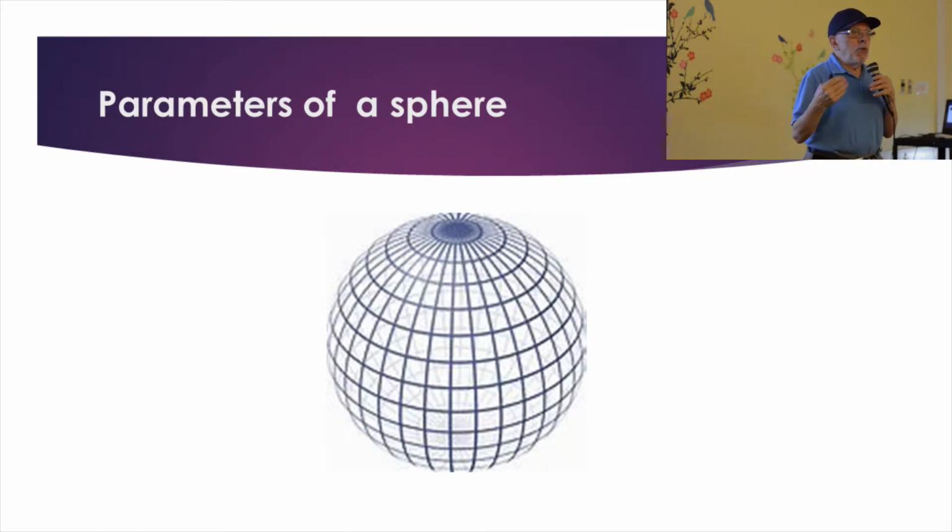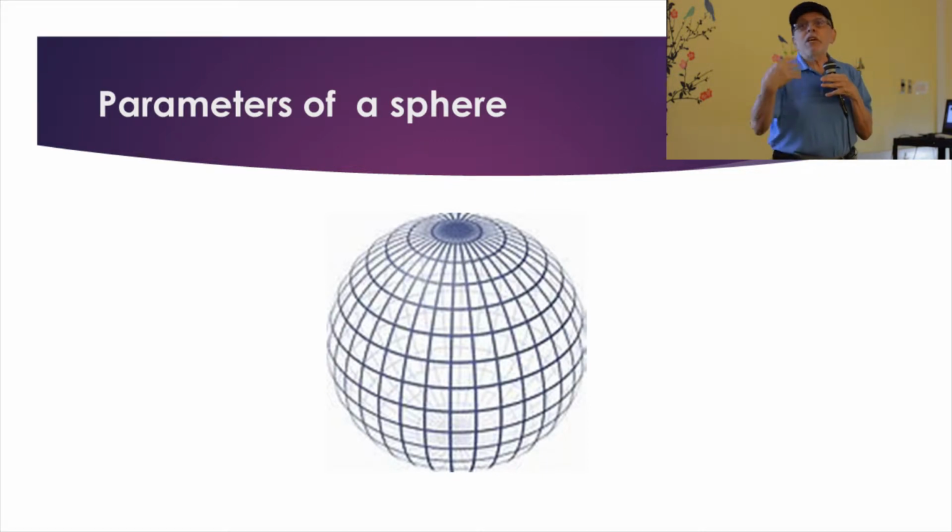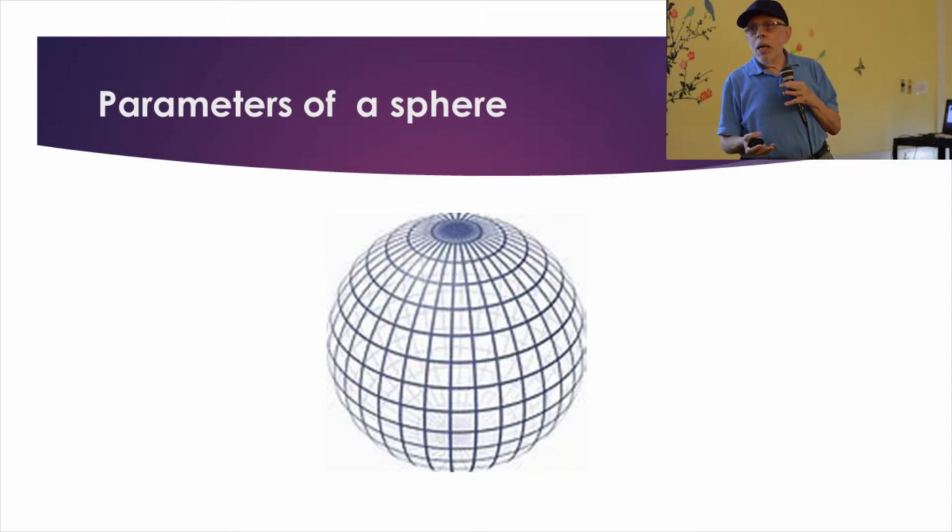So if you move twice as far from the center of the sphere, you have 4 times the surface area. If you move 3 times as far from the center, you have 8 times the surface area. You keep taking powers, but it's the square.